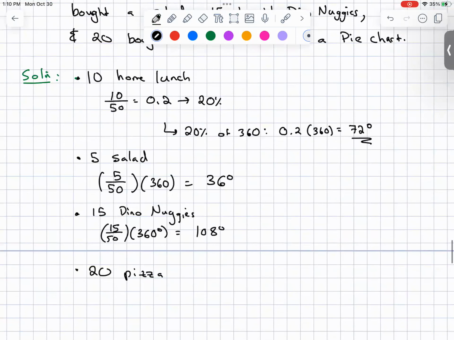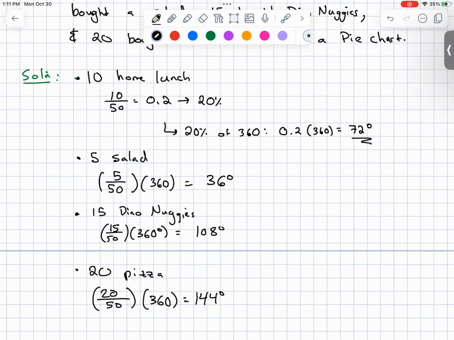So 20 divided by 50, which is going to be 40%. Times 360 is 144 degrees. So those are the amount of degrees for each section.